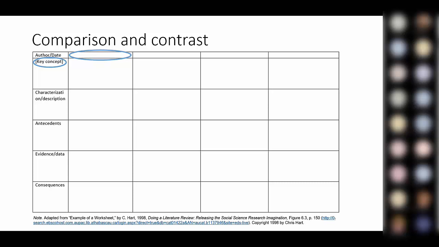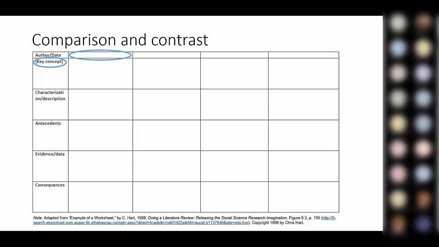You start with the template by choosing the topic and entering a key concept word or phrase. Then put the author and date of a particular source that is relevant to the topic at the top of each column. You can complete this table for each key concept or topic that your review could explore. And it's okay to use the same source on multiple tables, as it may be relevant to multiple topics.